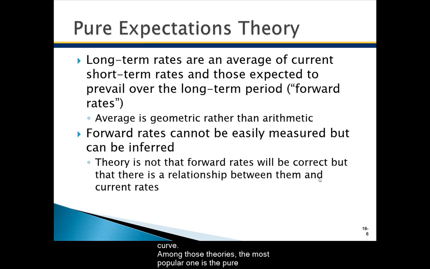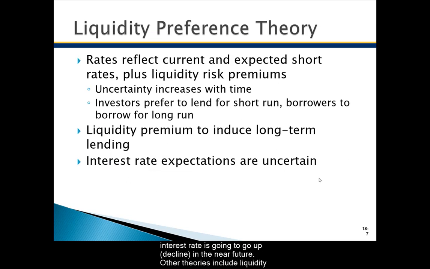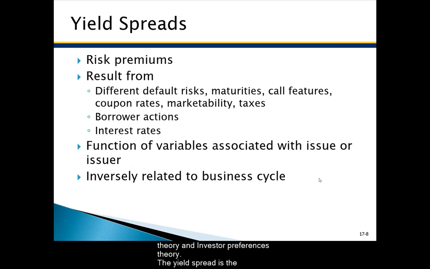Among those theories, the most popular one is the pure expectation theory, which states that the shape of the yield curve reflects investors' expectations on future interest rate movement. An upward or downward sloping curve indicates that the interest rate is going to go up or decline in the near future. Other theories include liquidity theory and investor preferences theory.